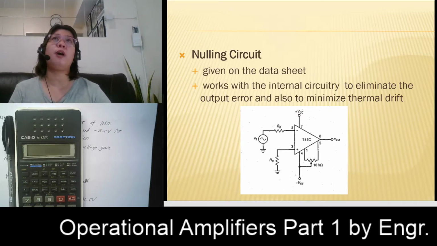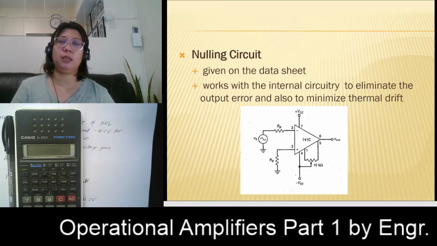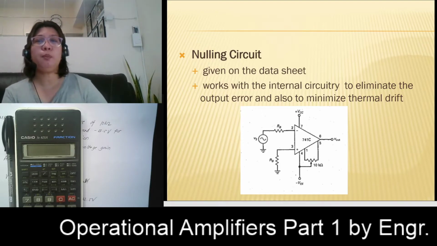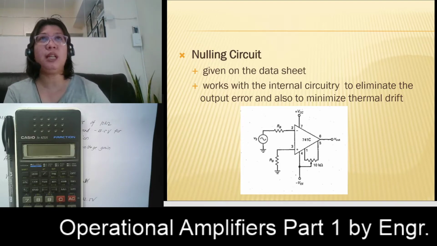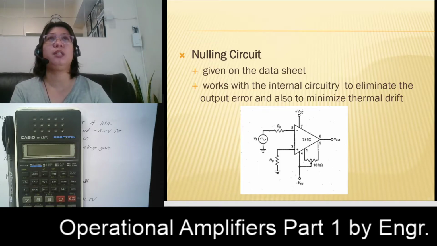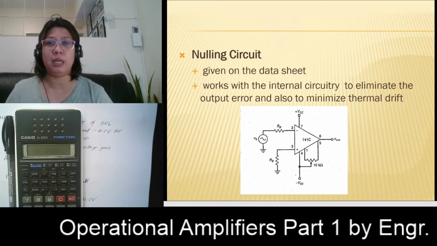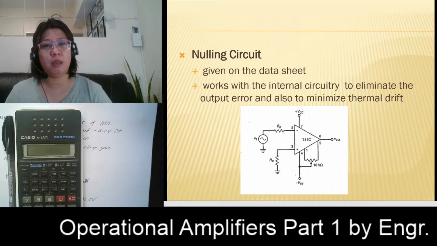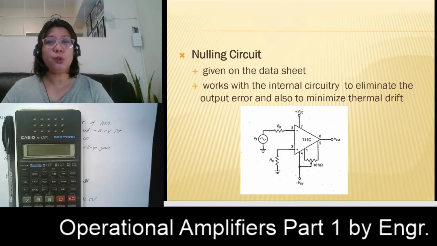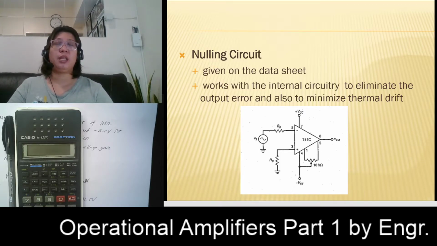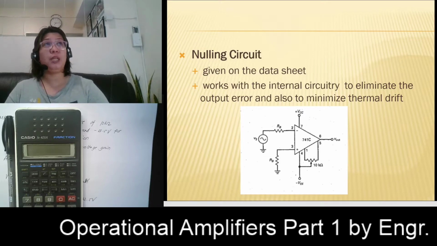One way of eliminating or lowering your offset currents is by making use of a nulling circuit. This is usually given on the data sheet. It works with the internal circuitry to eliminate the output error and also to minimize thermal drift. So where is your nulling circuit, the offset null? It is at pins 1 and 5.